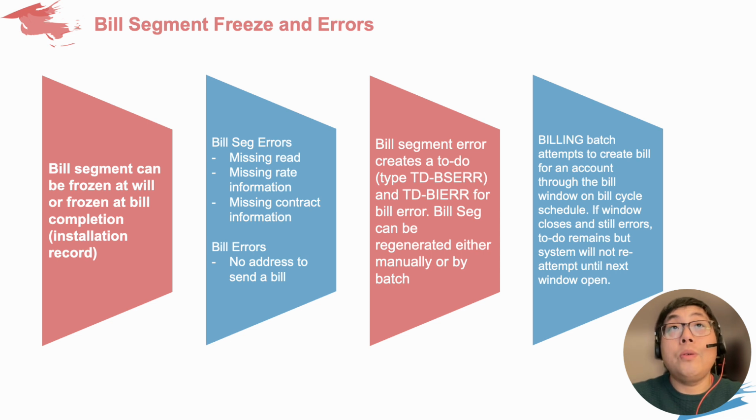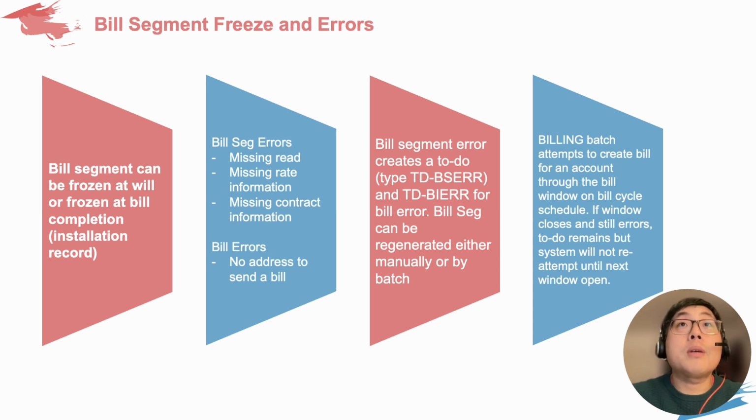And if you are looking at things like automation, normally I would think you choose frozen at bill completion, because if you are not expecting any user intervention, that should be automated.